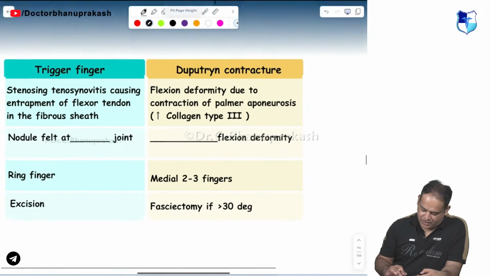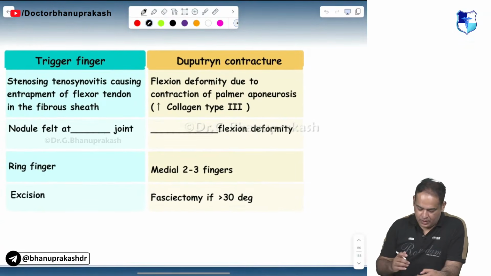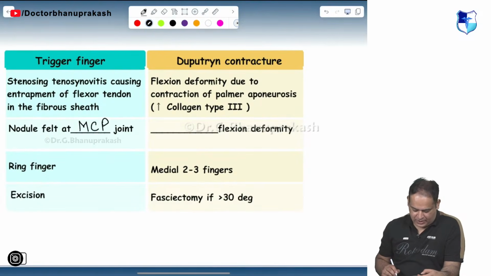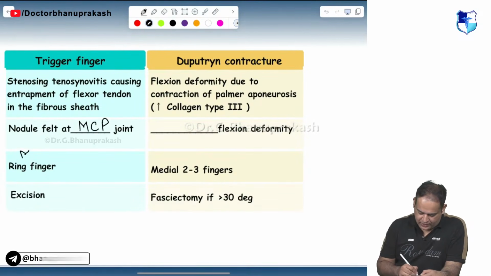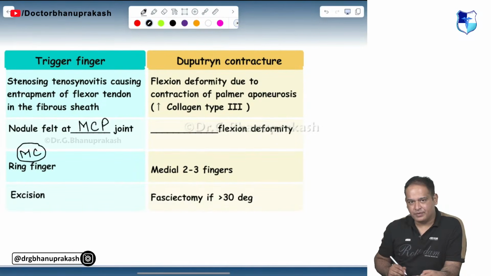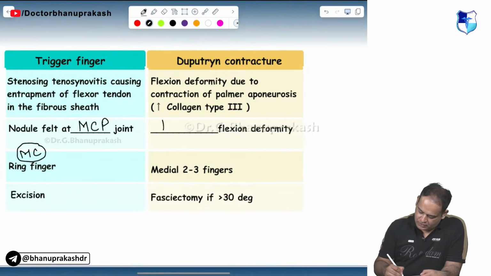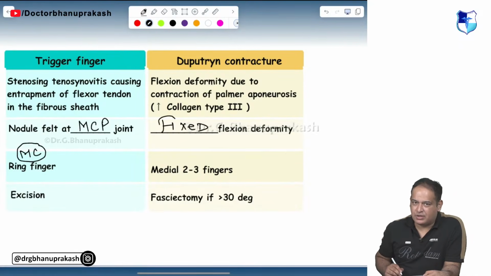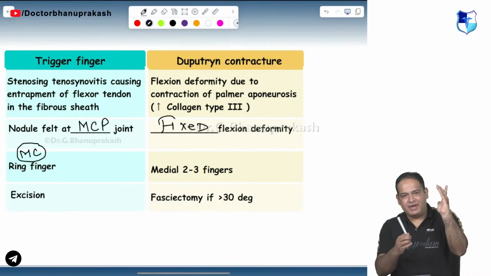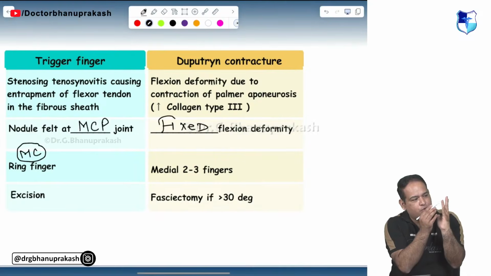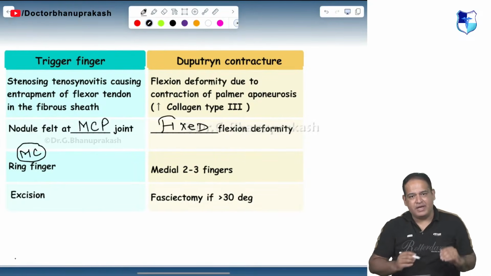Here, I have compared both of them. In trigger finger, there will be a nodule felt at the metacarpophalangeal joint, and most commonly it affects the ring finger. Treatment is excision of the nodule. Dupuytren contracture is fixed flexion deformity like this, limited to medial. Little finger is medial 2 or 3 fingers, right?